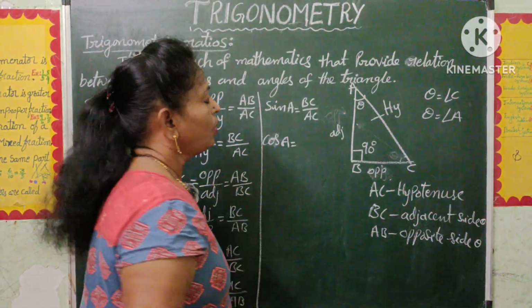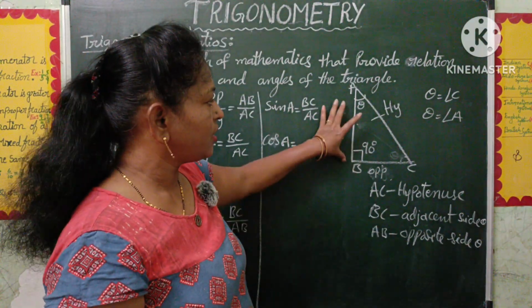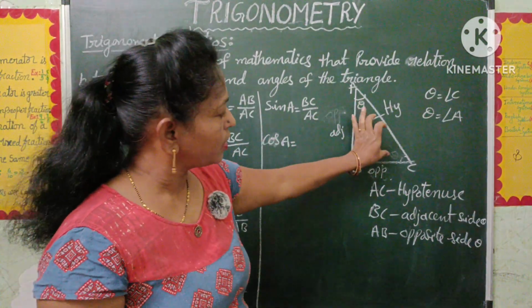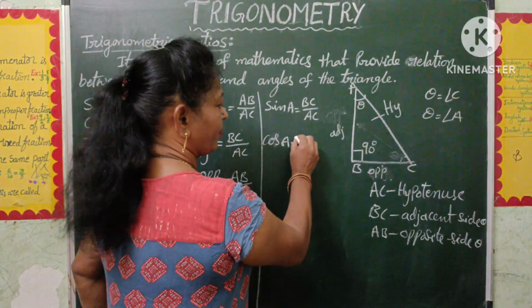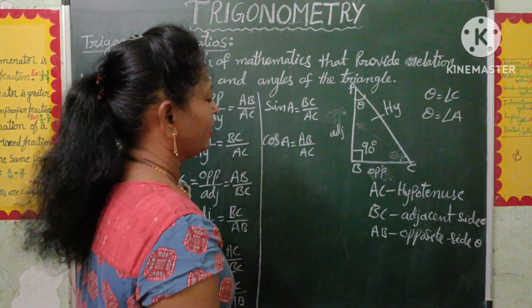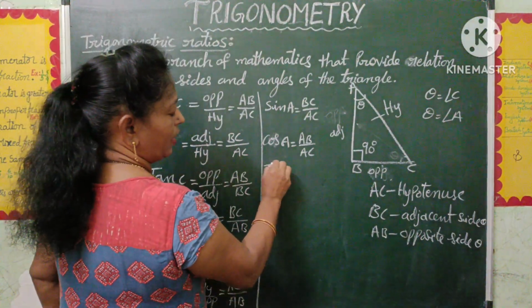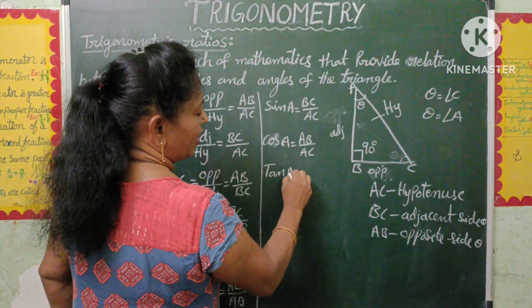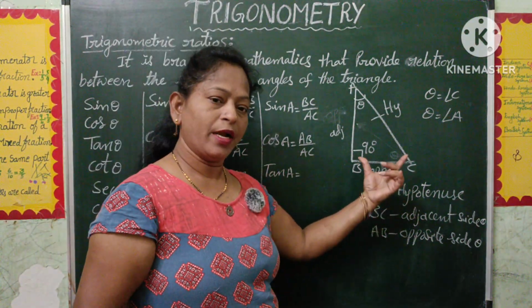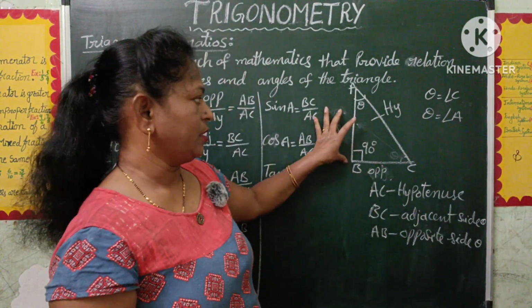Next, cos A. The cos ratio is adjacent by hypotenuse. Adjacent is AB, hypotenuse is AC, so AB by AC. Next, tan A. The tan ratio is side opposite by side adjacent.